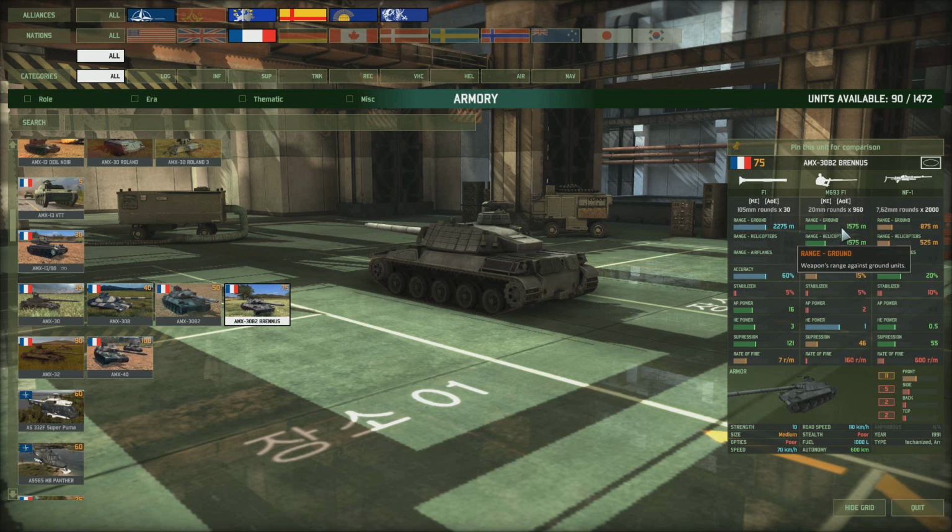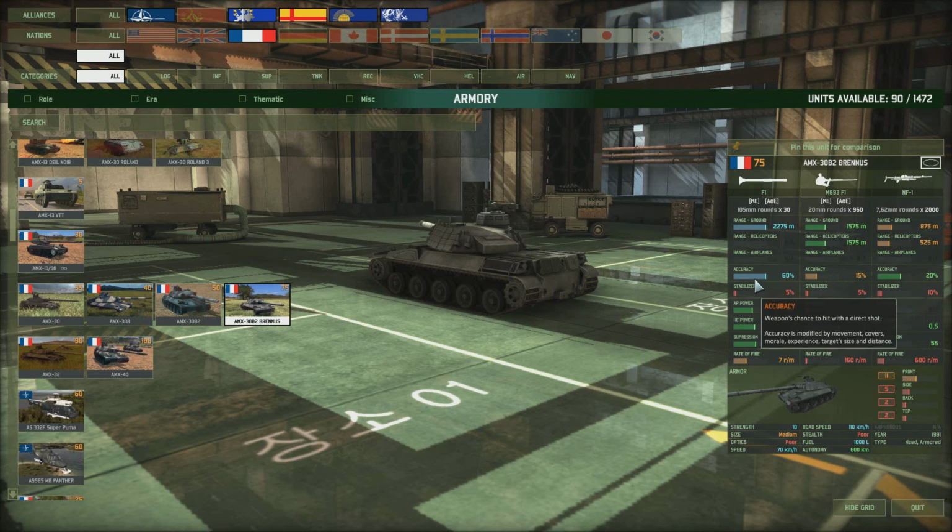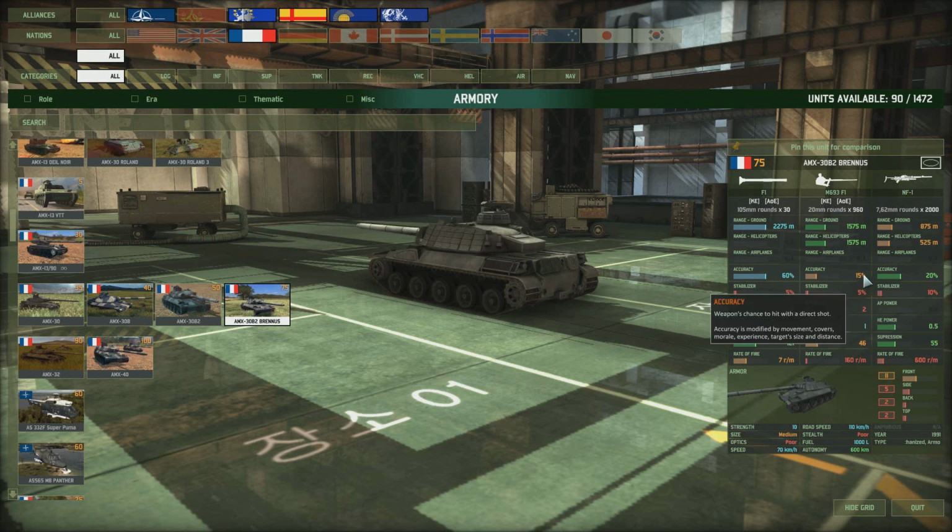Now of course at these ranges you do have to have a proper line of sight, which we spoke about in the last video, in order to take a shot at your target. You can see beneath that you've got a stat for accuracy, and for the main gun here we've got 60%. Hitting your target is never guaranteed in Wargame Red Dragon, and each weapon has a chance to hit, indicated by the unit's accuracy stat.